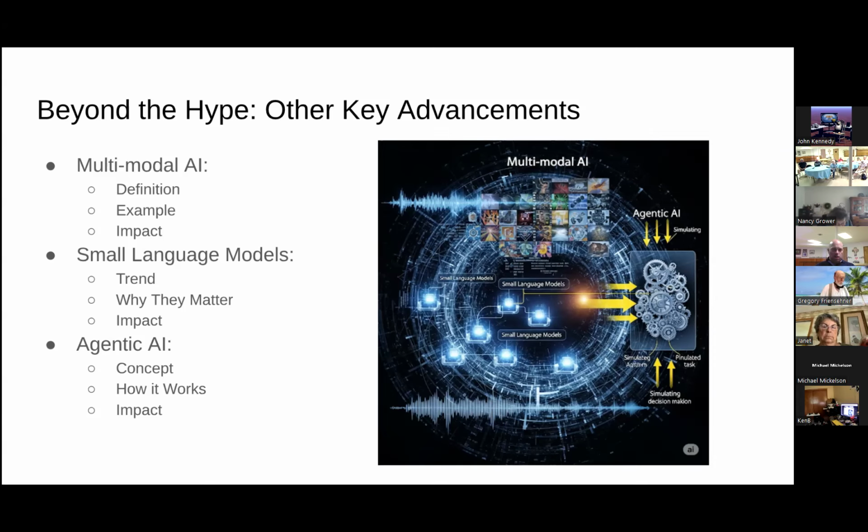So why do these small language models matter? They're cost effective, they're cheaper to train and run, they're faster, with quicker inference times for real-time applications, and local deployment, like I mentioned, they can run on edge devices such as smartphones and IoT devices.